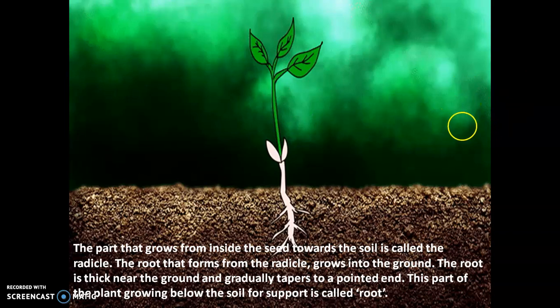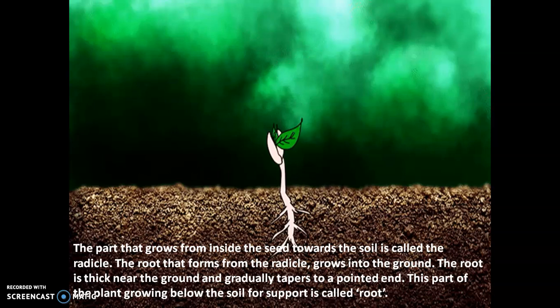So now, see, this is our main seed. This is the part that grows towards the soil, and this is called radicle. The root that forms from the radicle grows into the ground, and we all know that the root grows inside the ground. The root is thick near the ground and gradually tapers to a pointed end.